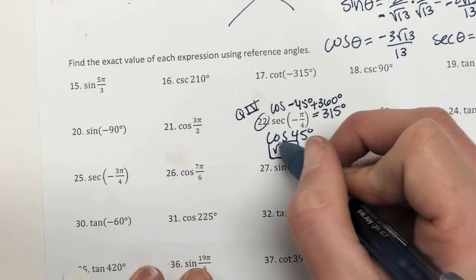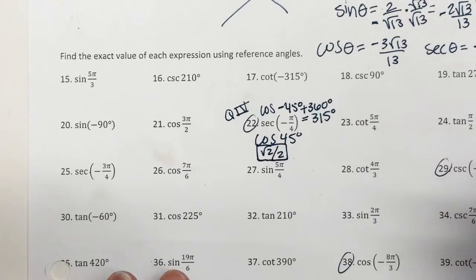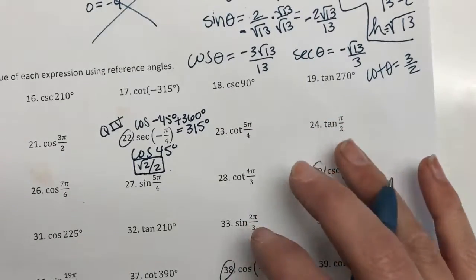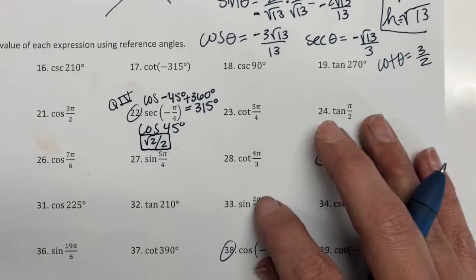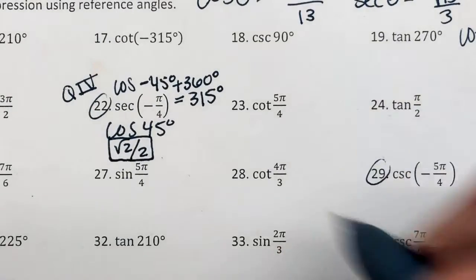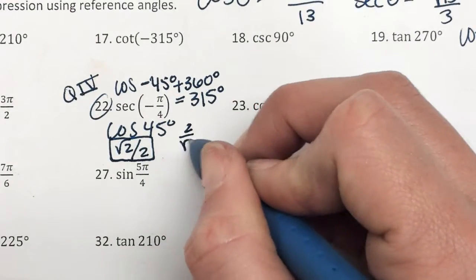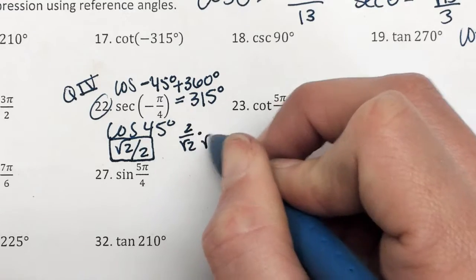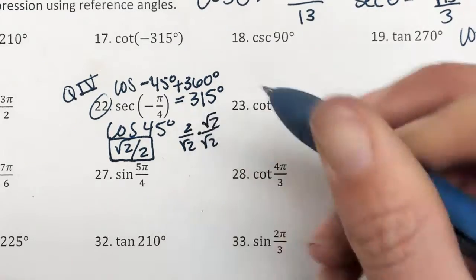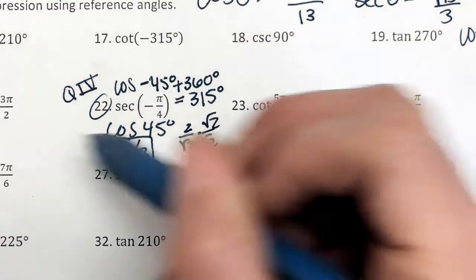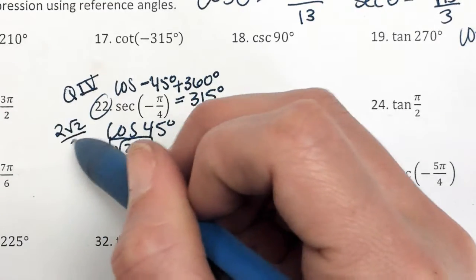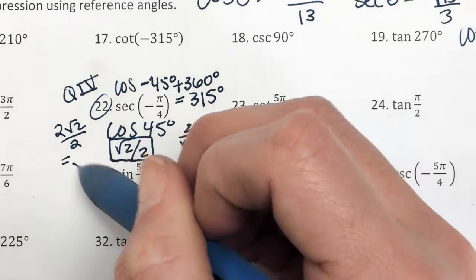Very good. Oh, sorry, we're not done yet. Because we're not finding cosine, we're finding what? Secant. So we have to do what with that value? Flip it. It'd be 2 square root of 2 over 2, which simplifies to root 2.